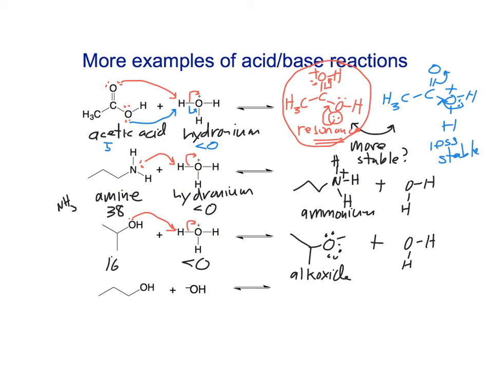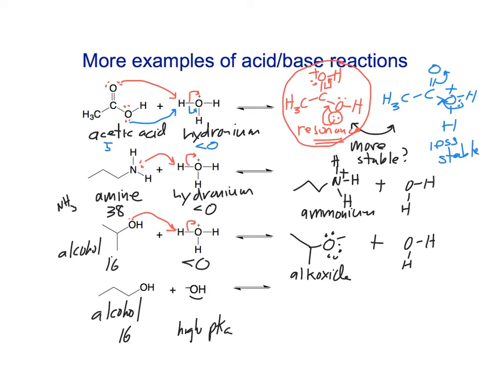The last one also is a reaction of an alcohol, but this time it's reacting with a base, hydroxide. The alcohol still has a pKa of around 16. As for hydroxide, if it gave off another proton, it would give us O2-, which is very unstable. I don't know exactly the pKa of that, but it's going to be very high.